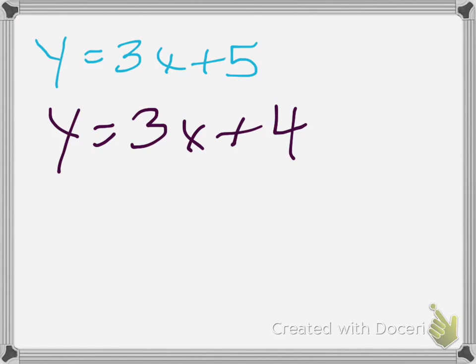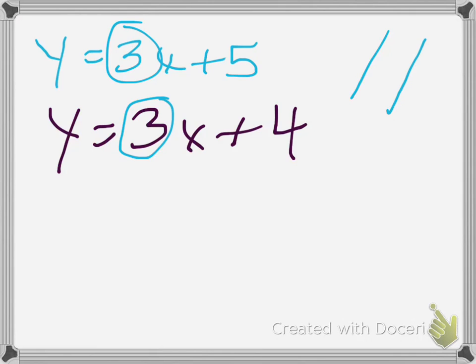Okay, so how do we tell if these lines are parallel, perpendicular, or neither? If two lines are parallel, that looks like this, then the slopes of the lines are the same. With the linear equation, the part with x on it, the m, is always your slope.